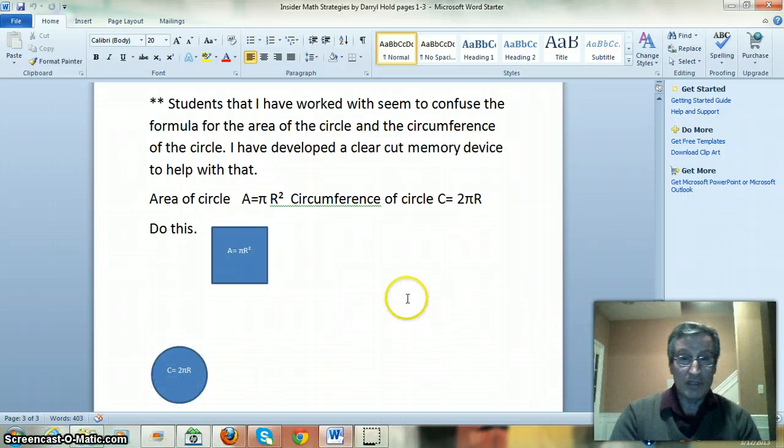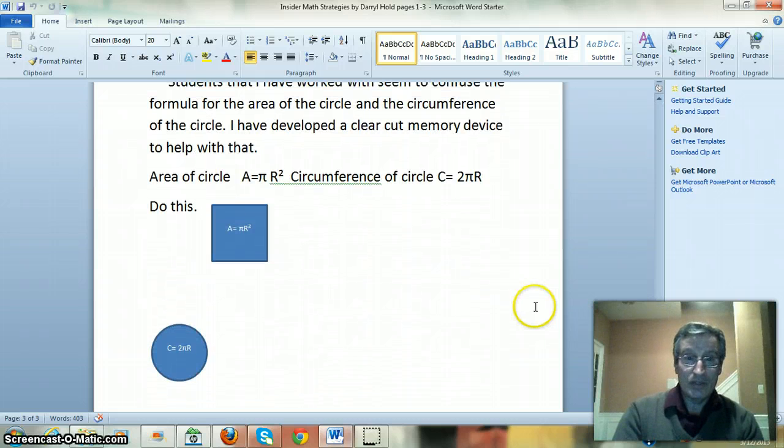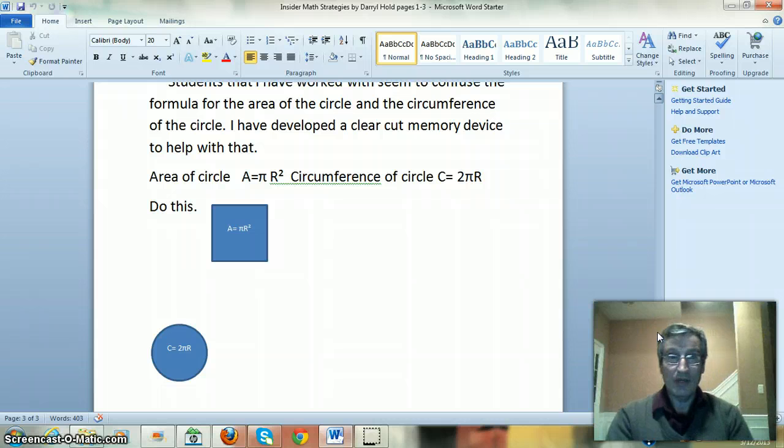If you notice on the picture here, I put A equals pi r squared inside the box. This is the only time we want to be thinking inside the box here in SAT math. And the circumference, 2 pi r, is in the circle. This is a good way to create memory devices to help you distinguish between them. And while these formulas may be given to you on the test, the fact of the matter is, if you have it memorized, you have that confidence level, and you can do that much more.